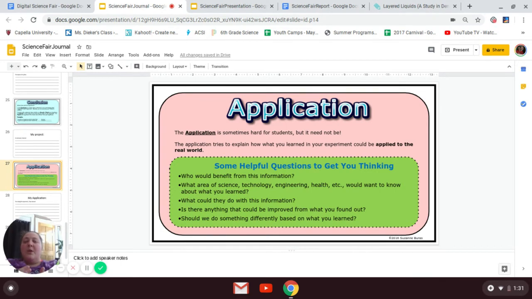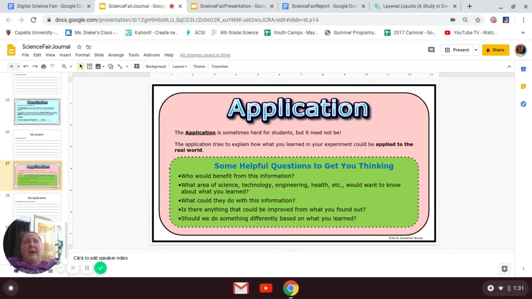So if I was going to write my application, again, this is just a couple of sentences, I would say, if I was going to do this project again, I would try what? I would try different vegetables, and see which vegetables held up the best, or which vegetables molded the fastest.